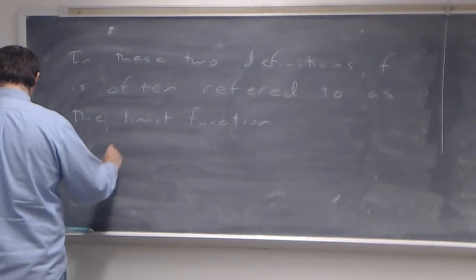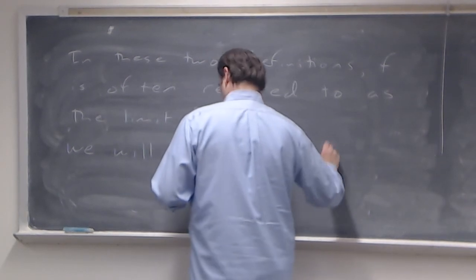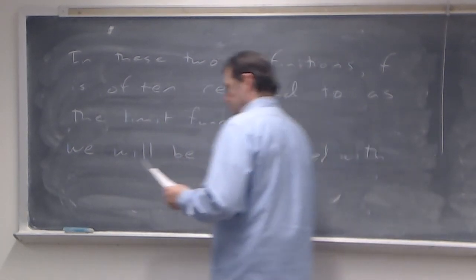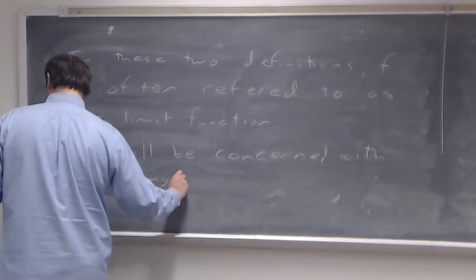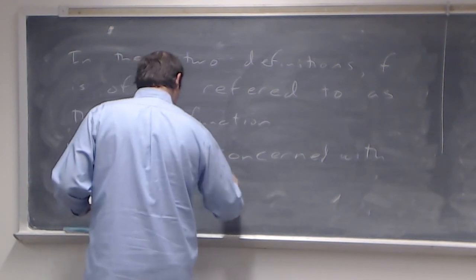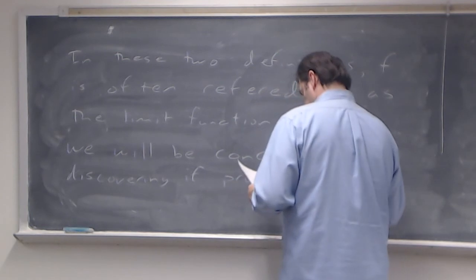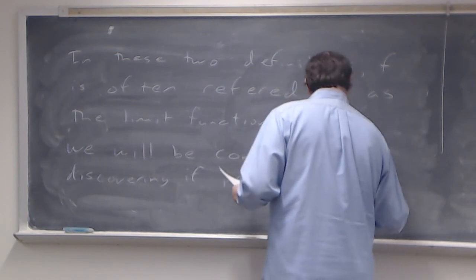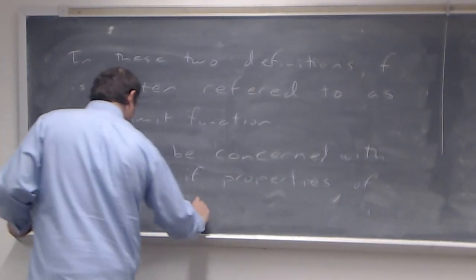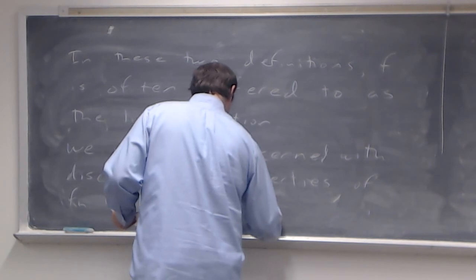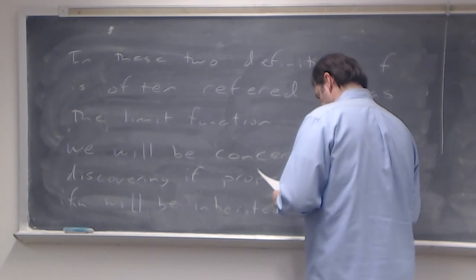So here's the way I'll put it. We will be concerned with discovery of whether properties of f sub n will be inherited by f.